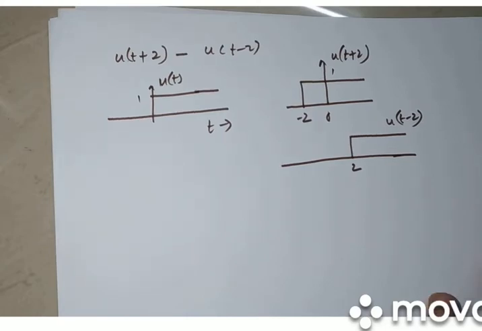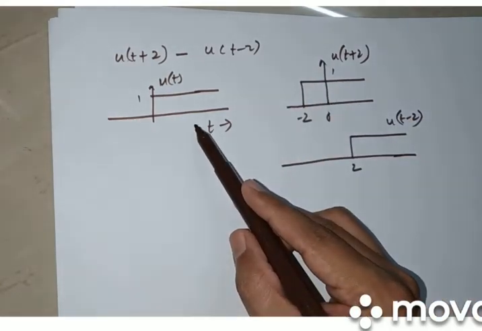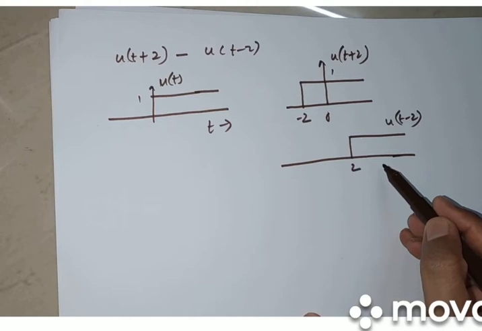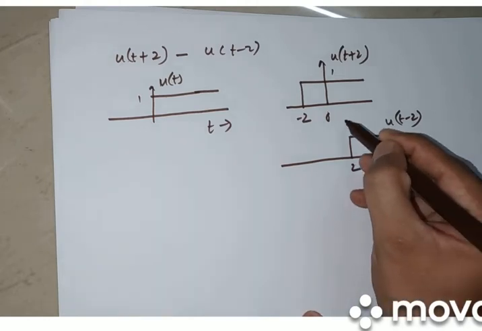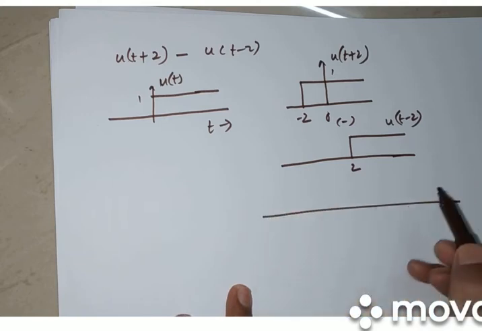Okay. Now how to find u(t plus 2) minus u(t minus 2)? This is u(t plus 2), and this is your u(t minus 2). You have to do subtraction. Okay, it's very simple.